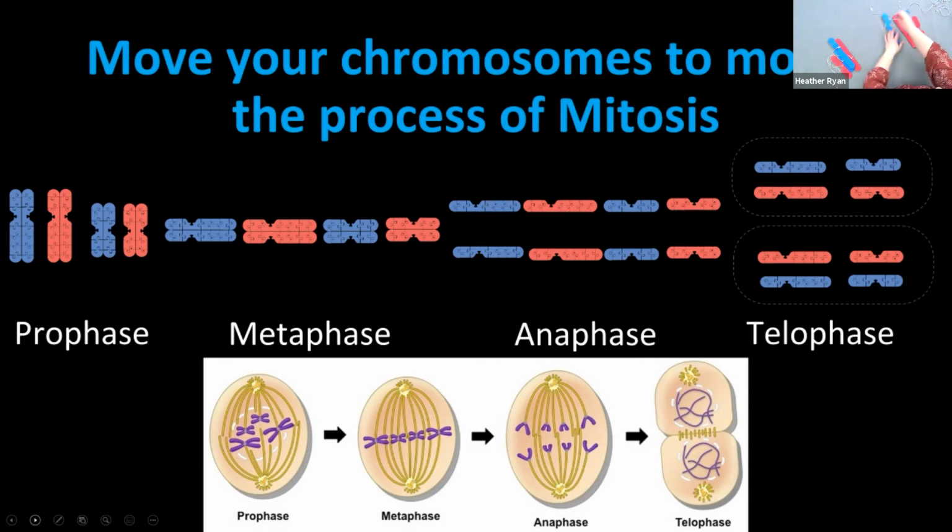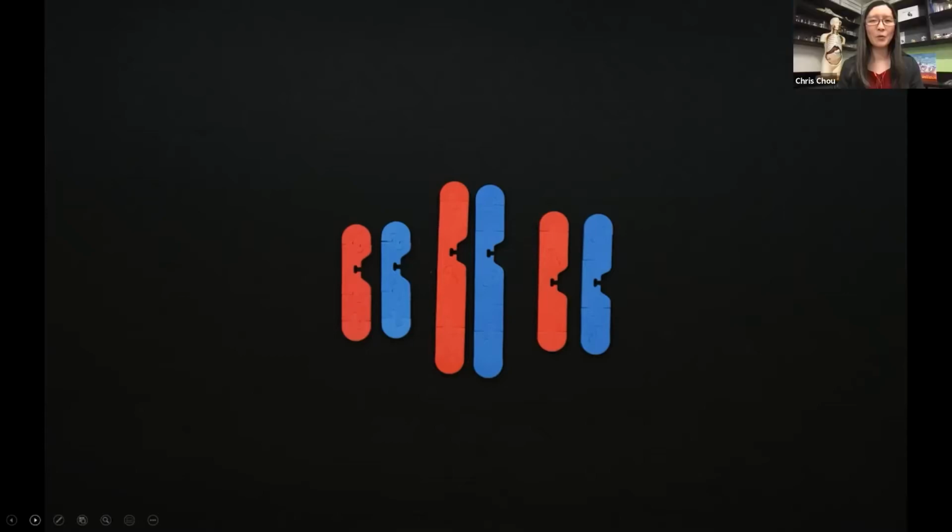All right. Okay, so now one thing I forgot to mention is when I use terminology with my students, I will make sure that I hold up one of these chromosomes and make sure they repeat after me. This is a chromosome, and this is a chromosome duplicated.